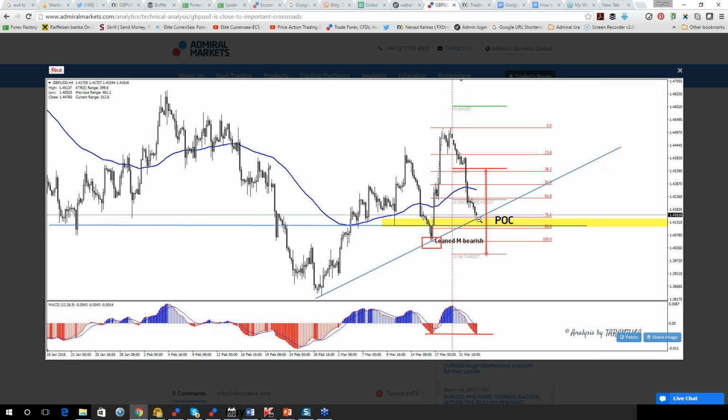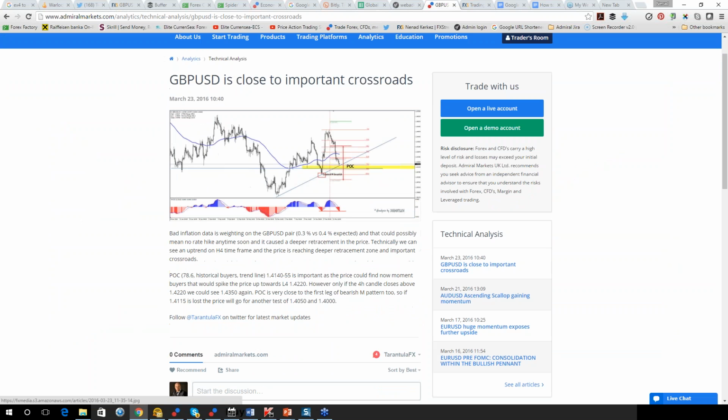On our analysis, the zone was 1.4140 to 1.4160. Initially, the price went here, rejected for some 30 pips, and then it broke below 1.4140. And below, as I said, if the price goes below 1.4115, it will go to test towards 1.4050.